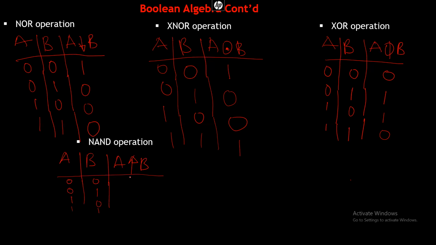So when both are false, it returns 1. When one is true, it returns 1. But when both are true, it returns 0.